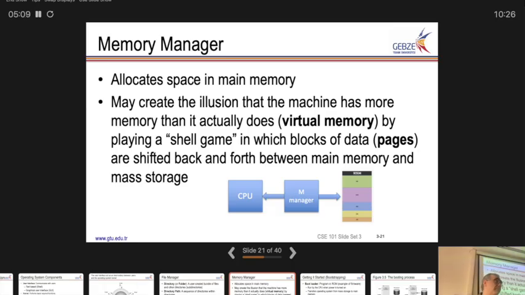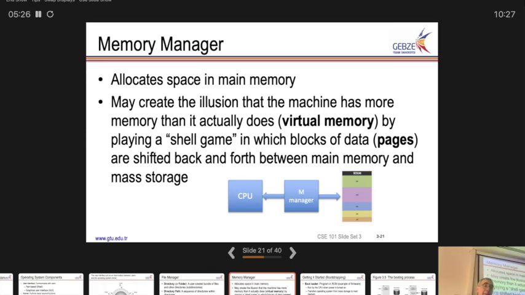It's a chip very highly connected with the operating system functions. It creates the illusion that the machine has more memory than it actually does, which is virtual memory.